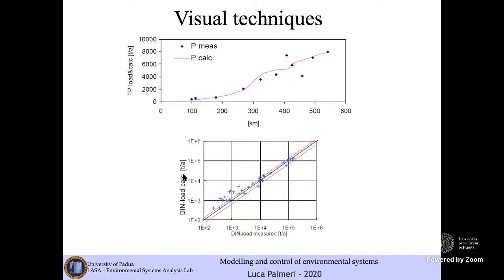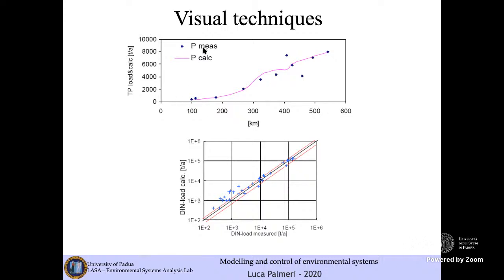And we see that P, we are talking about phosphorus, the currency here is phosphorus, so the plot is total phosphorus along the main run of the river Po.